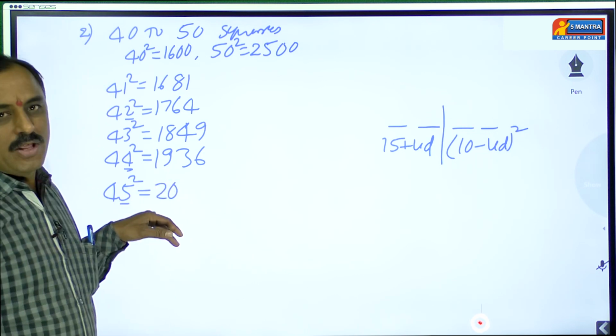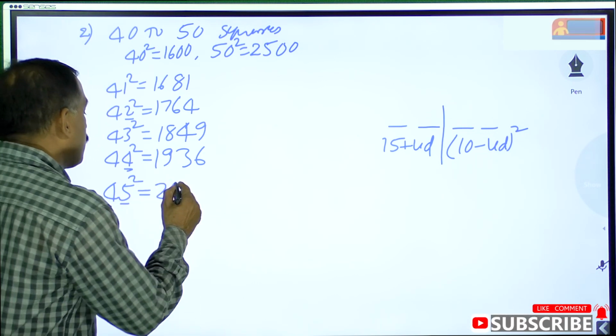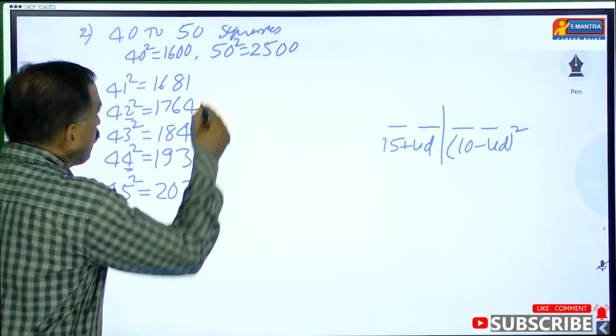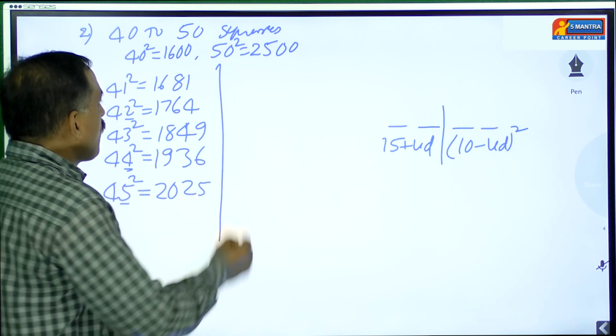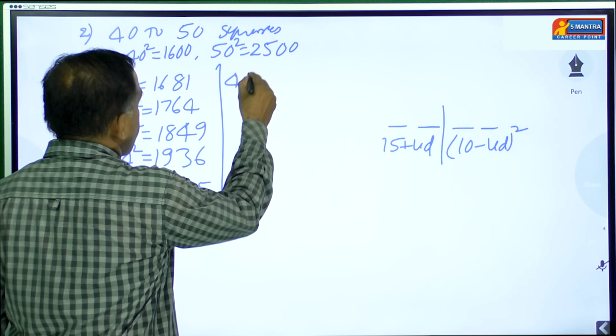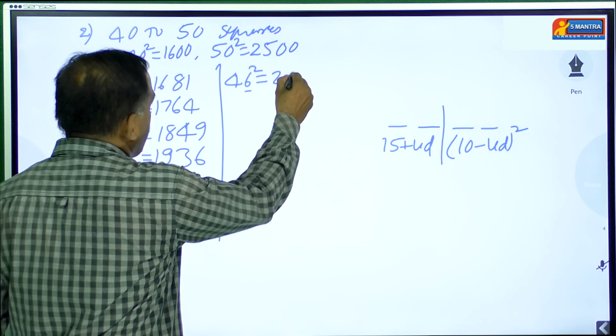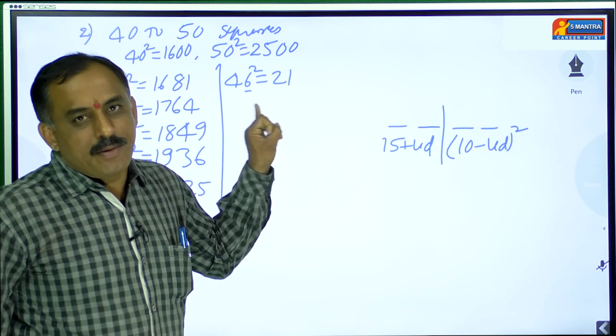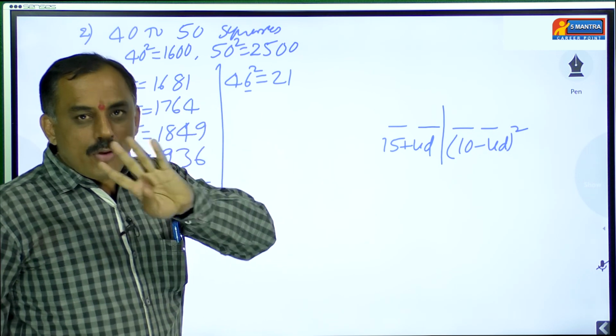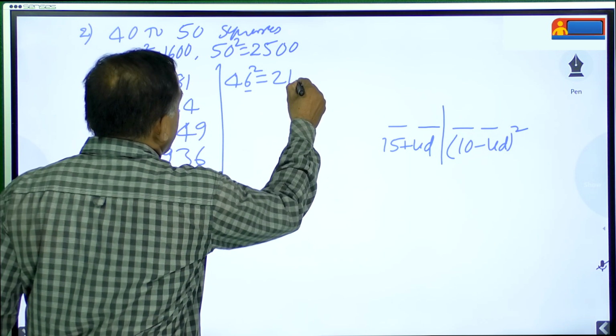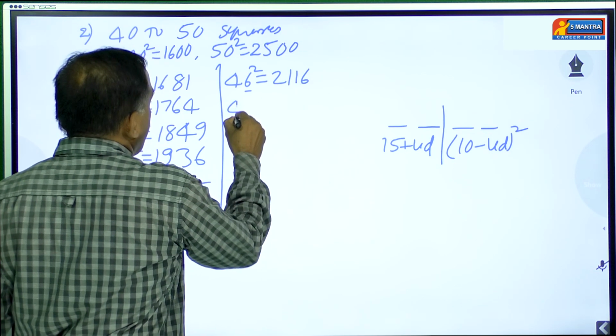Second part, 10 minus 5 is 5. 5 square is 25. Now 46 square. 15 plus 6 is 21. Then second part 10 minus 6 is 4. 4 square is 16. So 2116.